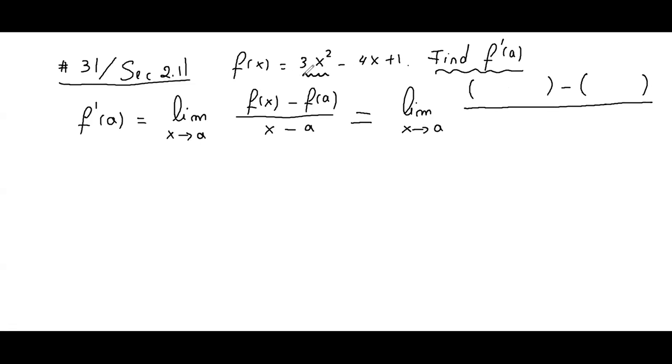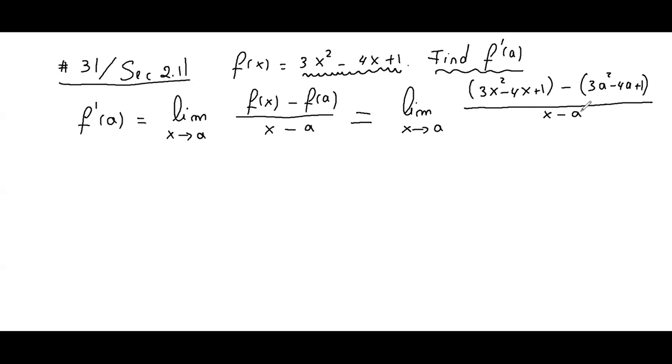So this is f of x, this guy. I'll put in here 3x squared minus 4x plus 1. And f of a, what about f of a? F of a is this thing where you replace x by a, right? Because that's what f of a is. So it will be 3a squared minus 4a plus 1. And that's divided by x minus a.